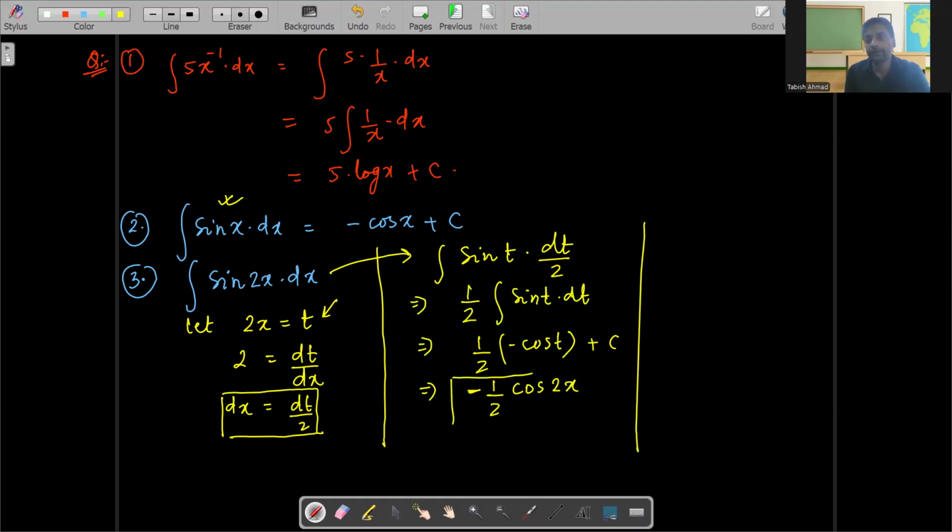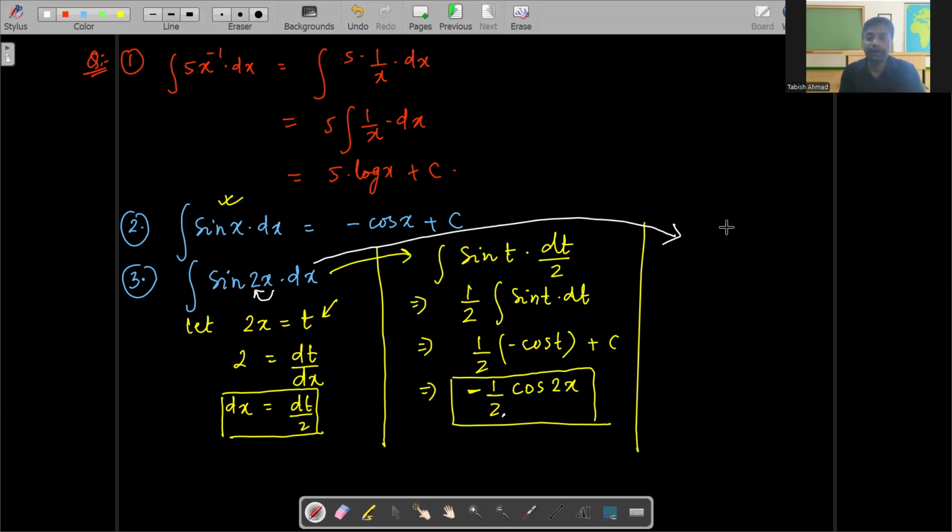You did it finally. But remember this thing, I am writing it in white color here: for such a question, whenever the variable has a multiplier, you see that the multiplier came here as 2 at the bottom, so you have divided by it.